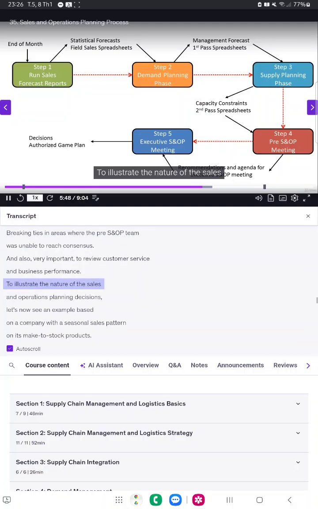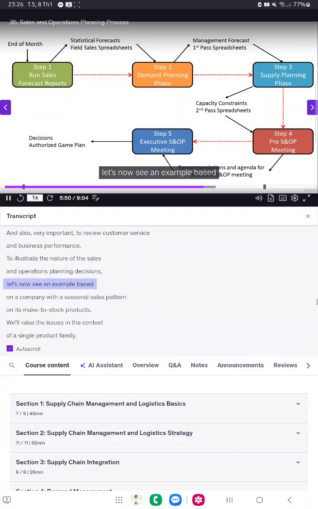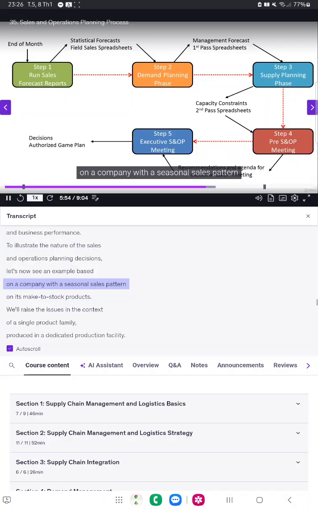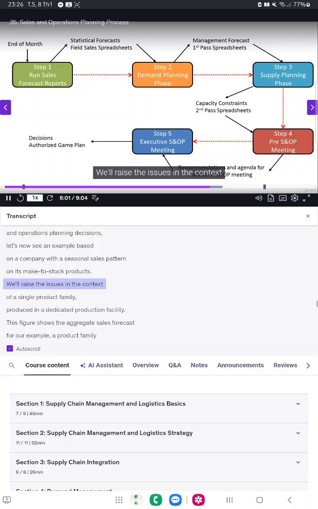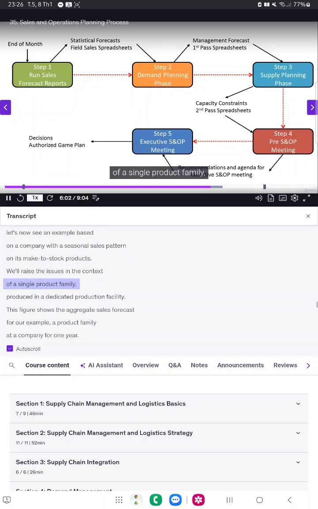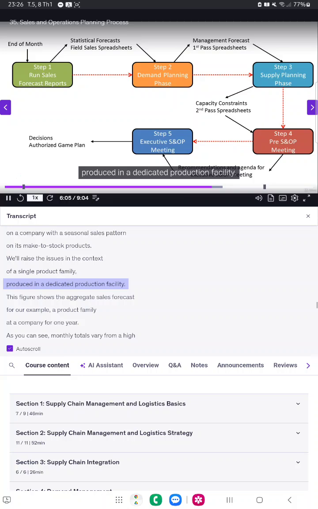To illustrate the nature of the sales and operations planning decisions, let's now see an example based on a company with a seasonal sales pattern on its make-to-stock products. We will raise the issues in the context of a single product family produced in a dedicated production facility.